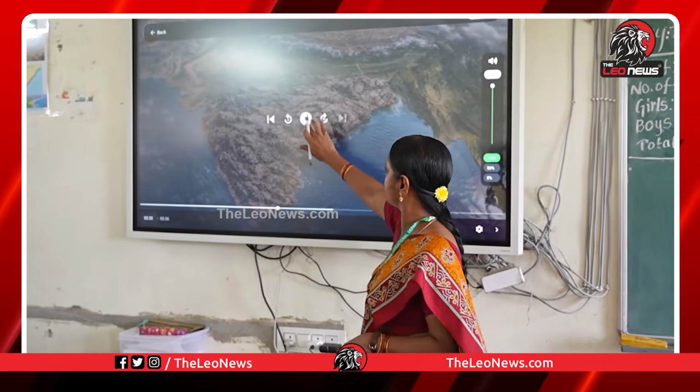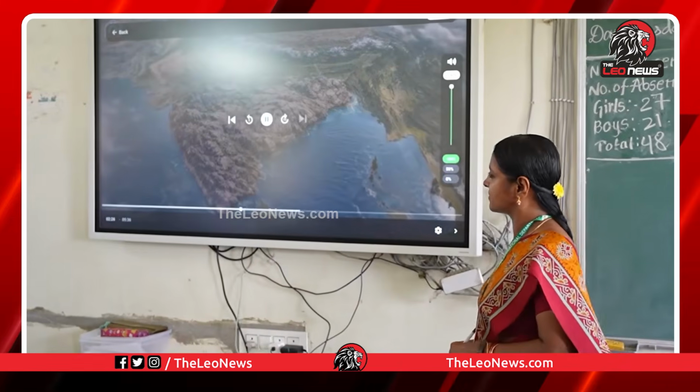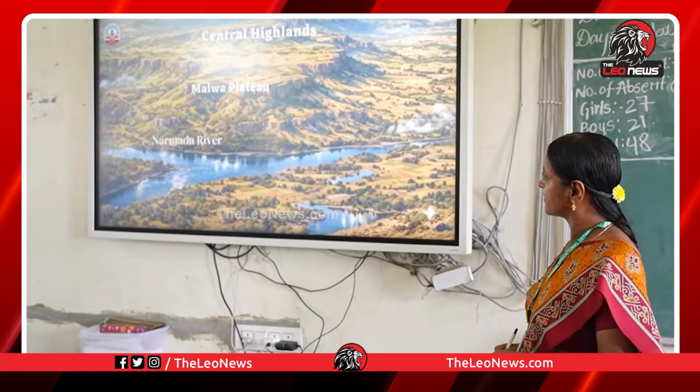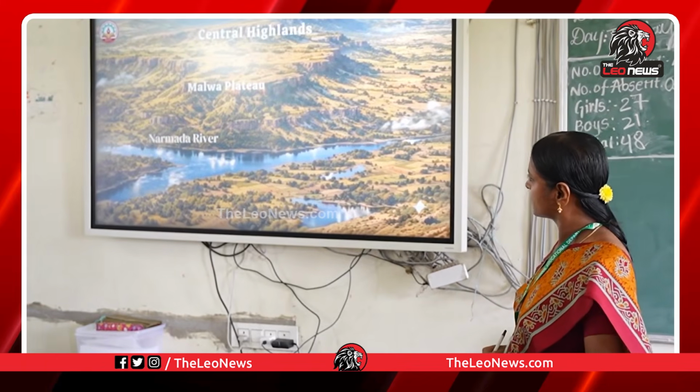Coming to the third division, India's oldest landmass. This region is full of hard, ancient rocks and is shaped like an uneven table. It has two main parts. Central Highlands, north of the Narmada River, includes the Malwa Plateau.